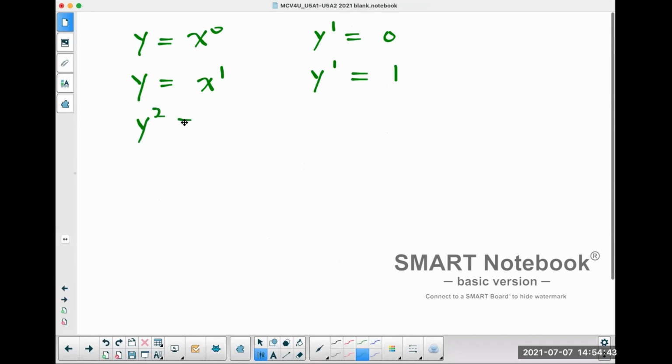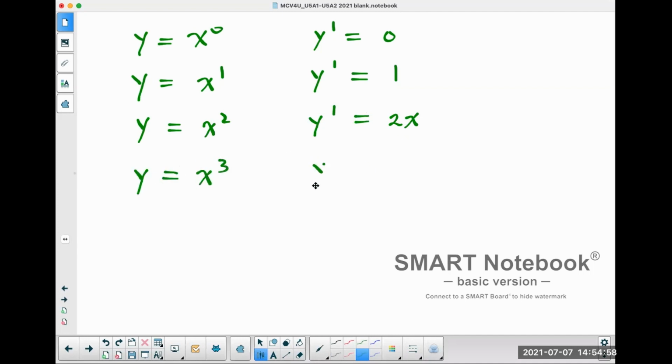X to the power of 2 is going to be 2x. X to the power of 3 is going to be 3x squared. And so on and so forth, right? This is the power rule. You need to remember the power rule.